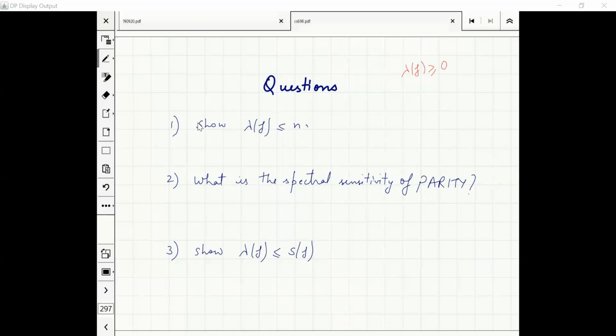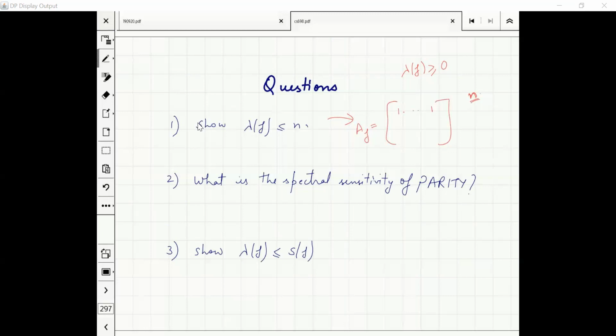Let me just tell you this. These are the things which you notice when you play with eigenvalues. If you look at any row, what is the maximum possible sum of any row in A_f? Remember, A_f is the adjacency matrix of the sensitivity graph. And it is n, right? Clearly, in the Boolean hypercube, everything is related to at most n things, so the degree is bounded by n.